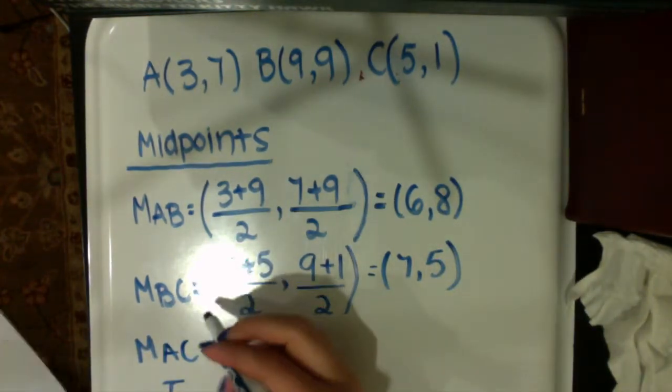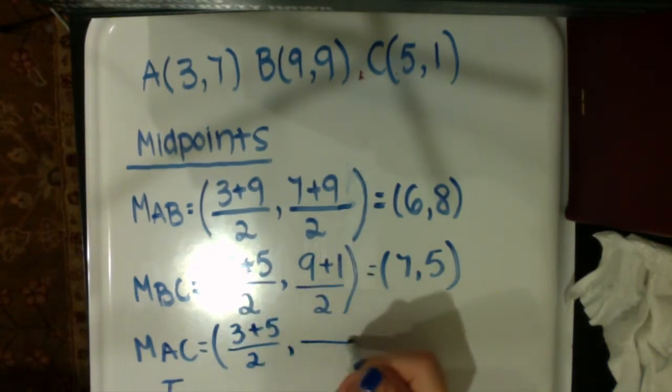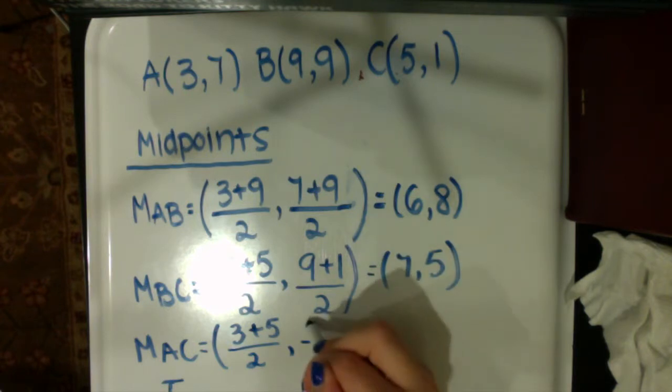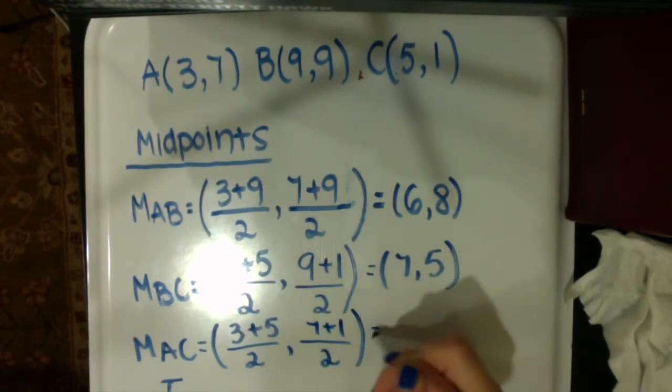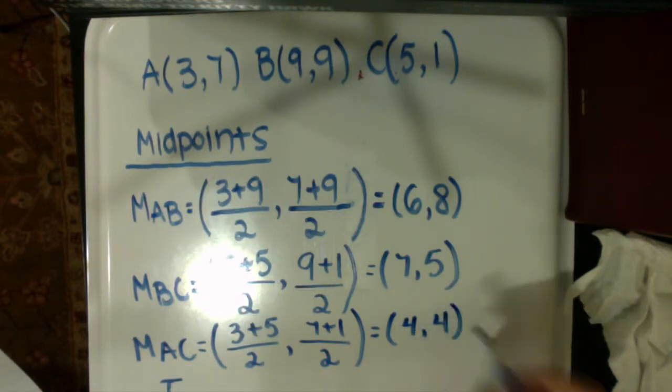And to find the midpoint of line AC, you'll take 3 plus 5 and divide by 2, and 7 plus 1 and divide by 2, which will give you the point 4, 4.